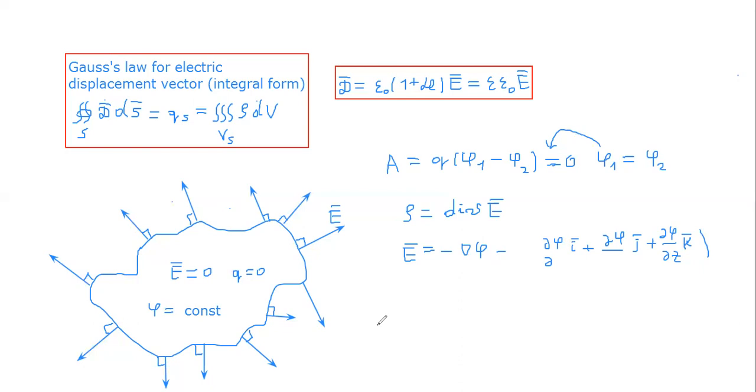But as we have said before, electrostatic field cannot support stable electric current. Because of this, the electric field intensity vector is always perpendicular to the surface of the conductor.